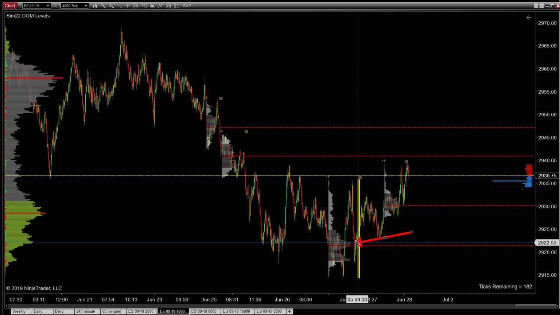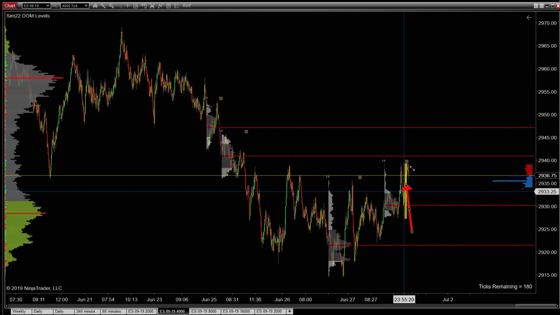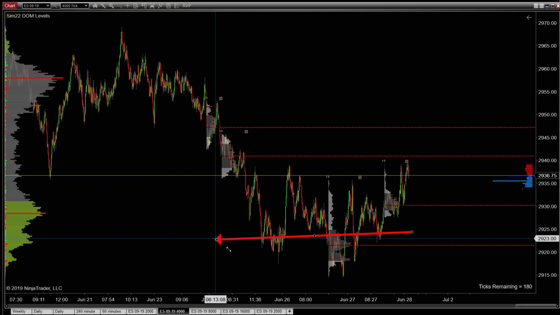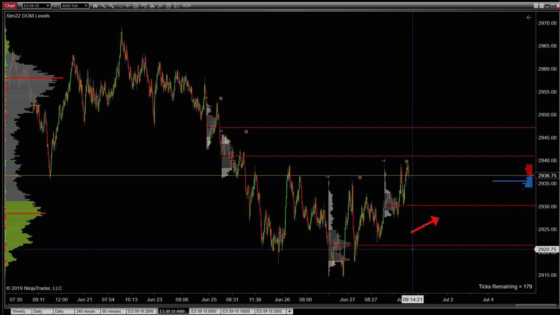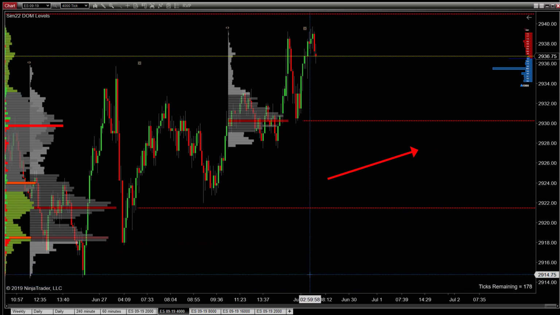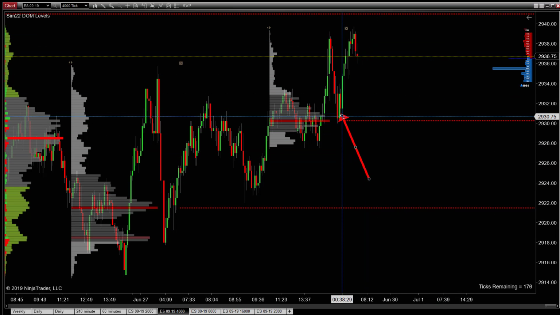This is the level that they fought over for most of the day yesterday, and made sure that it stayed above. When it sold off, it hit this level and bounced right out of it. So, looking for levels down here. Most of your most recent volume is down here at the 30 level.